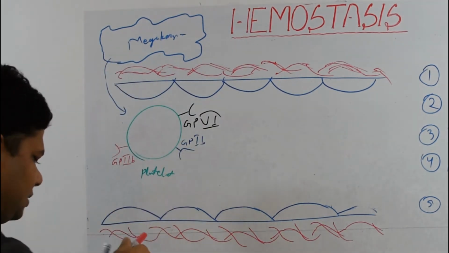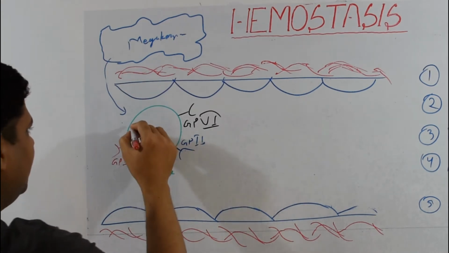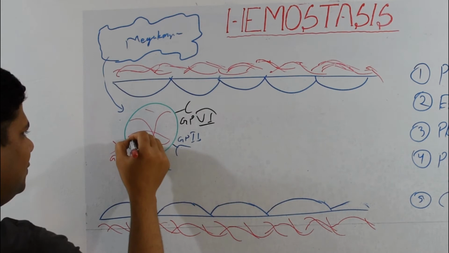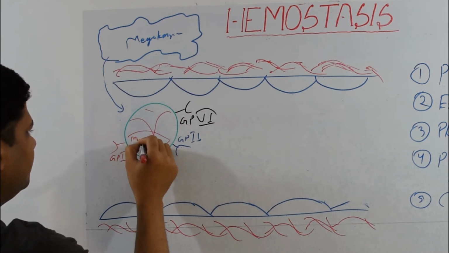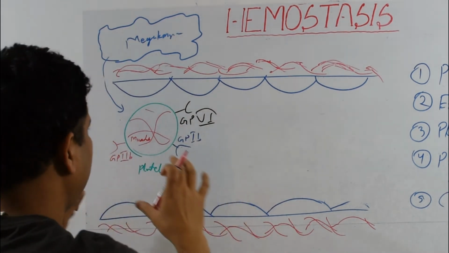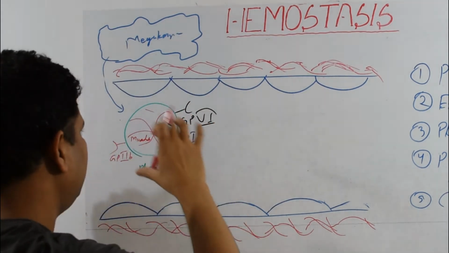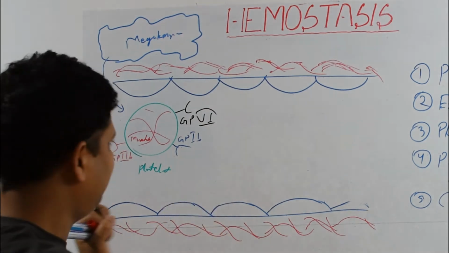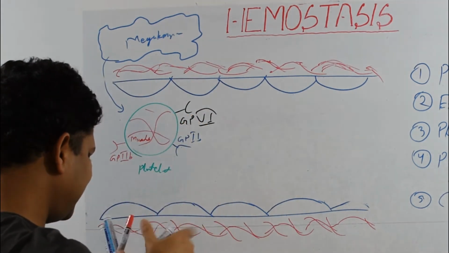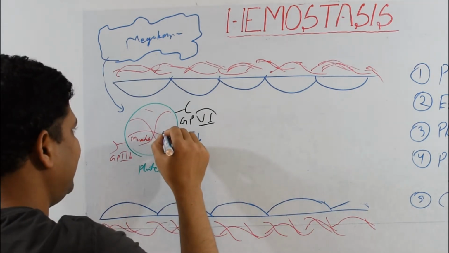Apart from this, what else does it have? Inside it contains microtubules, which make its constant shape, like a discoid shape. Apart from microtubules, what is there inside? Granules.